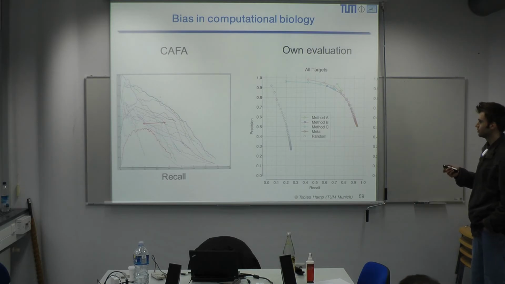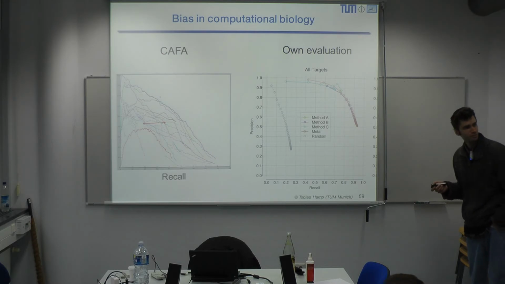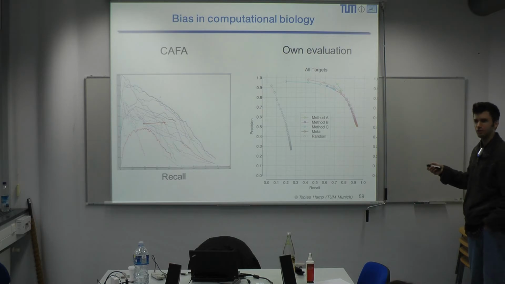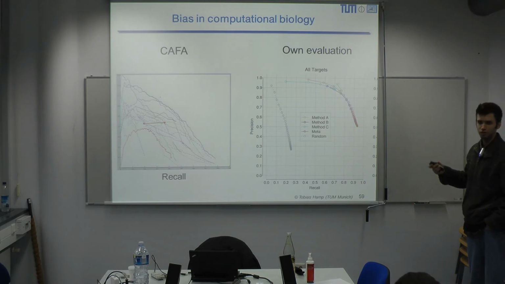I personally believe the biggest issue was really the evidence codes, for example, of the GO terms. So what type of experiments you would allow in CAFA, and what type of experiments you would allow for us? In CAFA, only very reliable experiments, and in our evaluation, we basically used all the experiments that were out there.